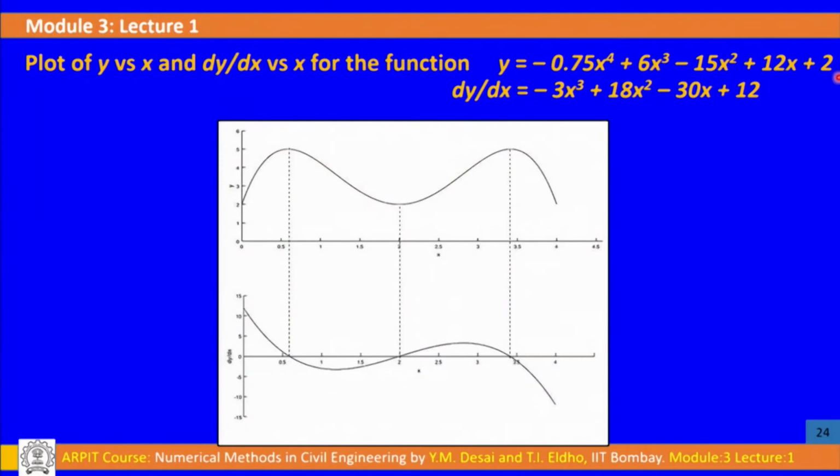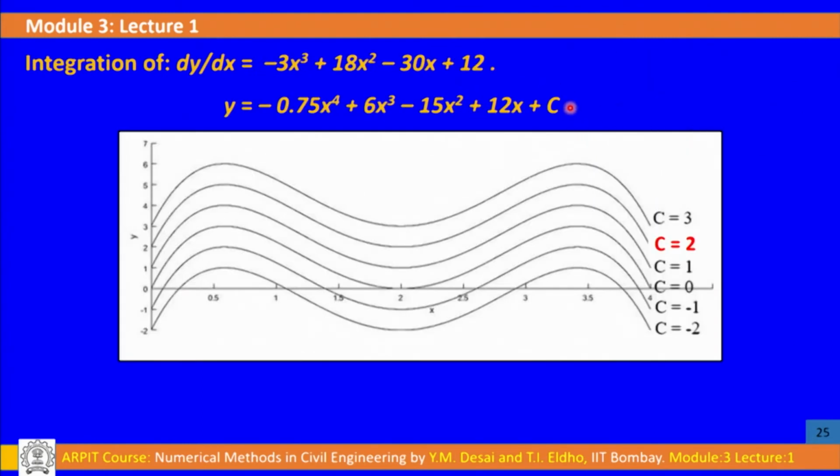Now, this 2 was lost when we took differentiation. So, when I integrate this, I will recover the first 4 terms and then there will be one constant term as shown here. So, now for different values of c, we can talk about the value of function y for varying values of x.